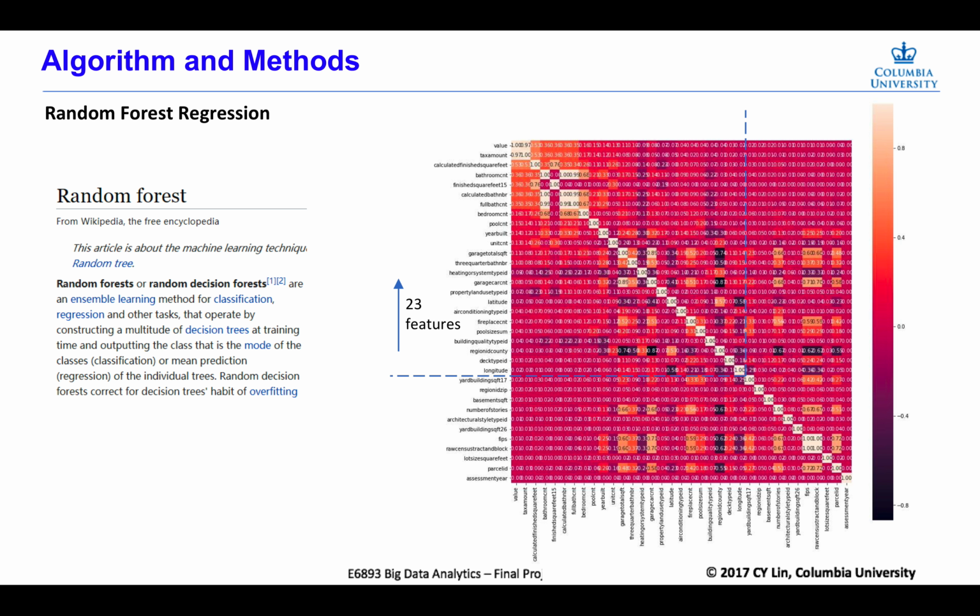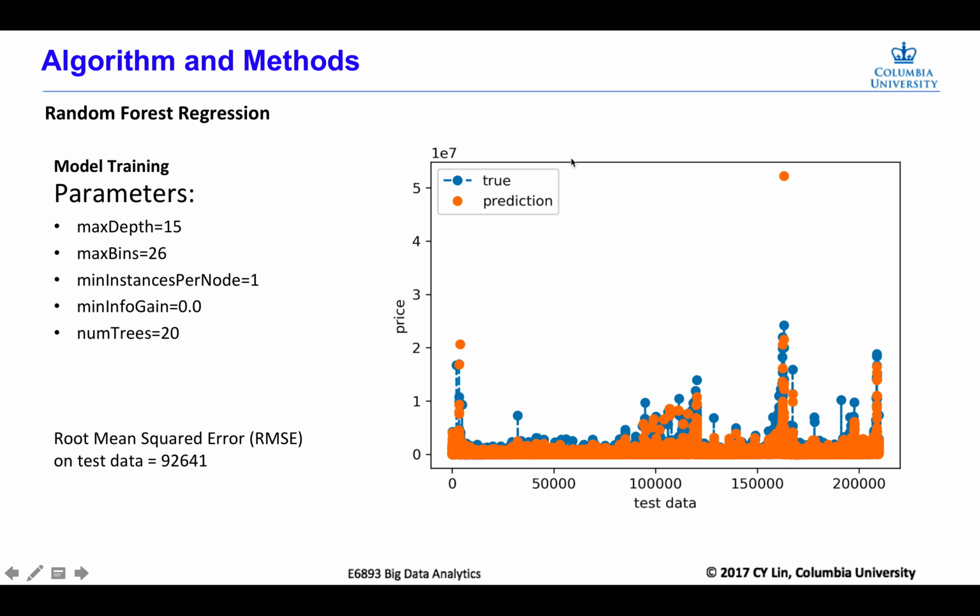For this model, we manually picked the most effective 23 features, which are most related to the final target value. Similarly, we fit it with Spark, and these are the parameters. After parameter tuning, we set the parameters like this.